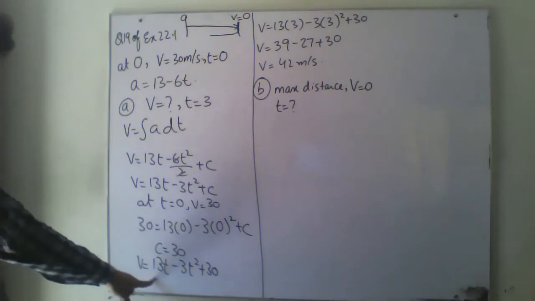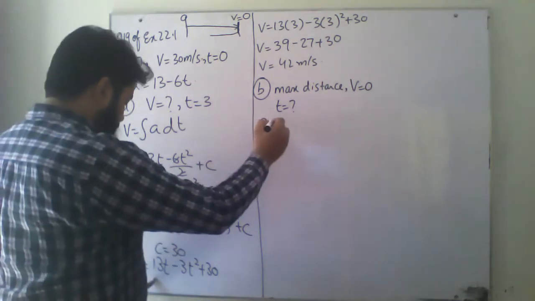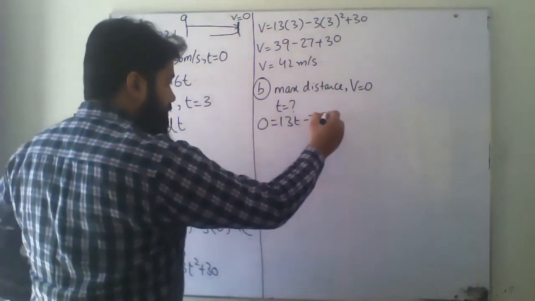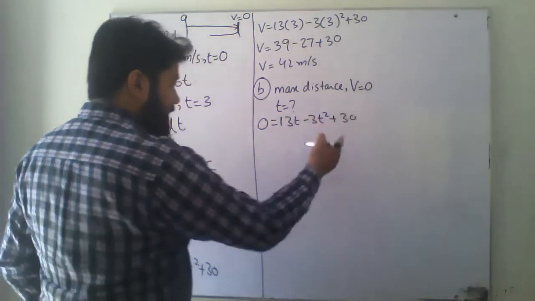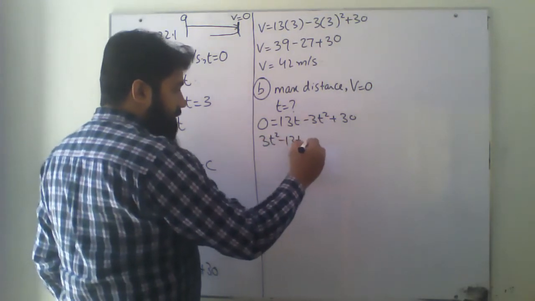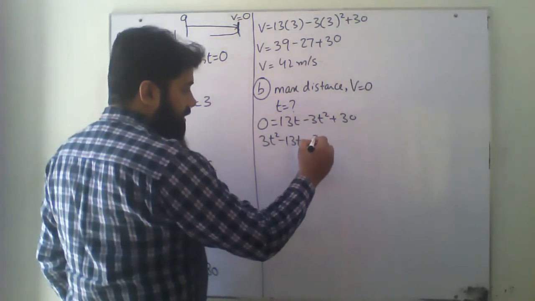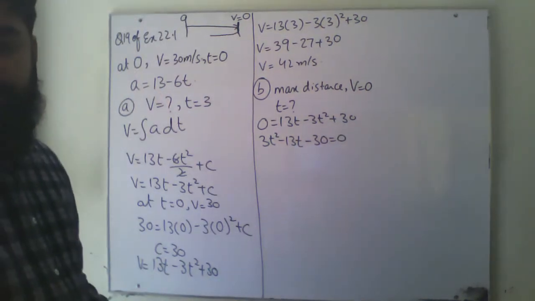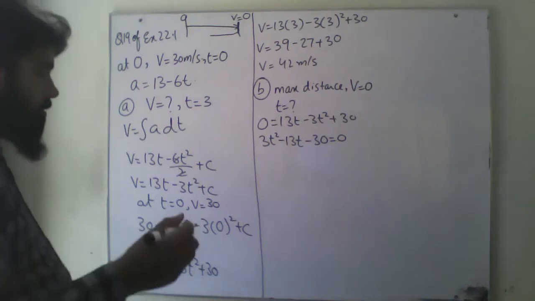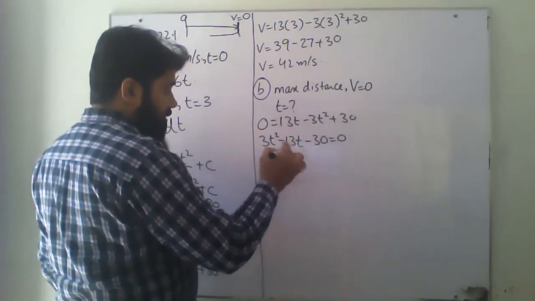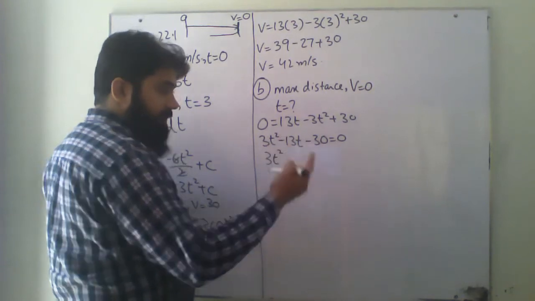So over here I am going to put 0 equals to 13t minus 3t square plus 30, shifting it: 3t square minus 13t minus 30 equals to 0. Okay. So now I'm going to do middle term breaking. 3t square, 3 into 30 will be 90.